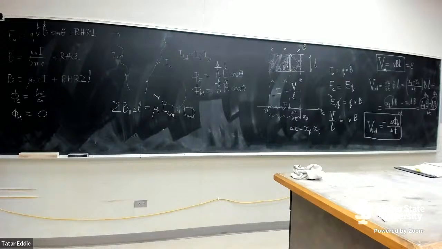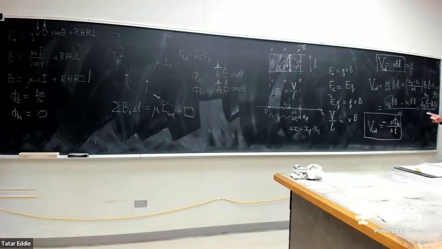Since we don't want to go into calculus, we're not going to use it. Instead, we're going to formulate a verbal rule to figure out the direction of this induced voltage, induced current. So we're going to do that next time, hopefully.